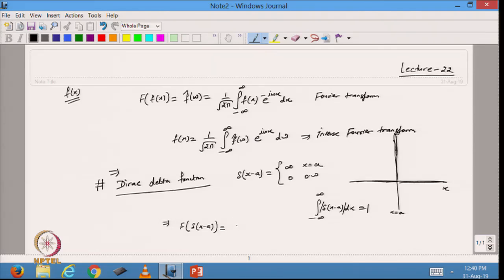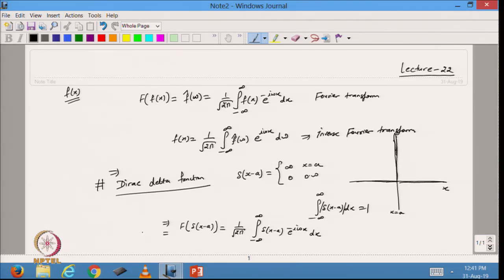So, this is my Fourier transform; I am going to write 1 over root 2 pi, integral from minus infinity to infinity of the Dirac delta function delta(x minus a) e raised to power minus i omega x dx.